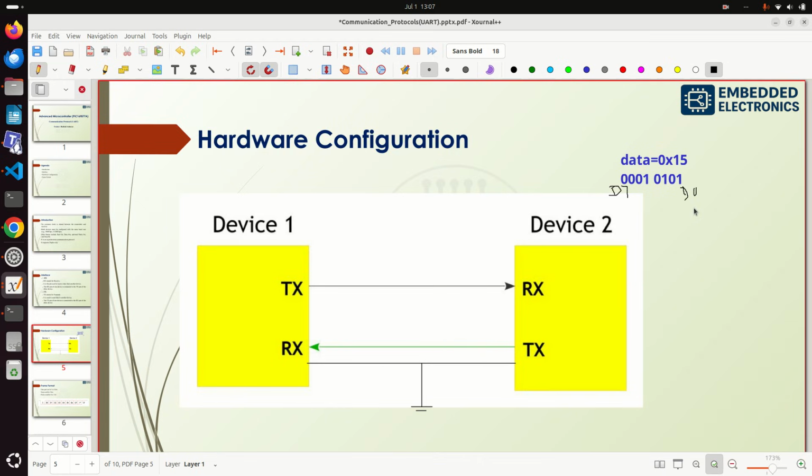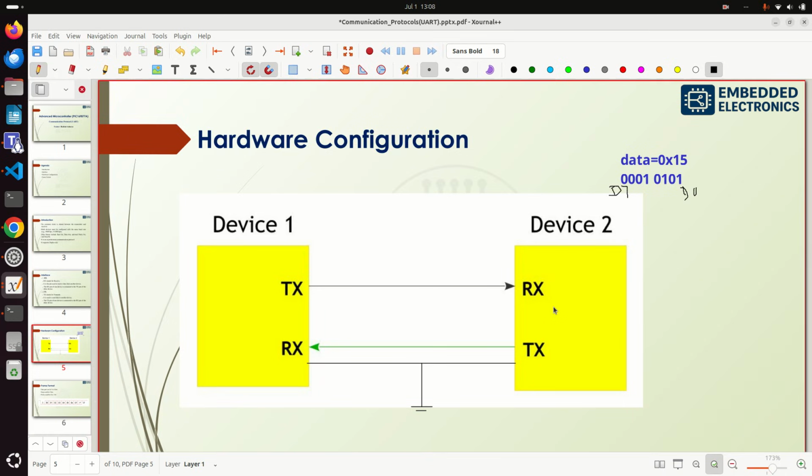When device 1 is transmitting data, what is device 2 doing? Sleeping? No, it is going to receive that data. If it is sleeping, obviously it is not going to receive the data. This is asynchronous, and there is no clock line also.